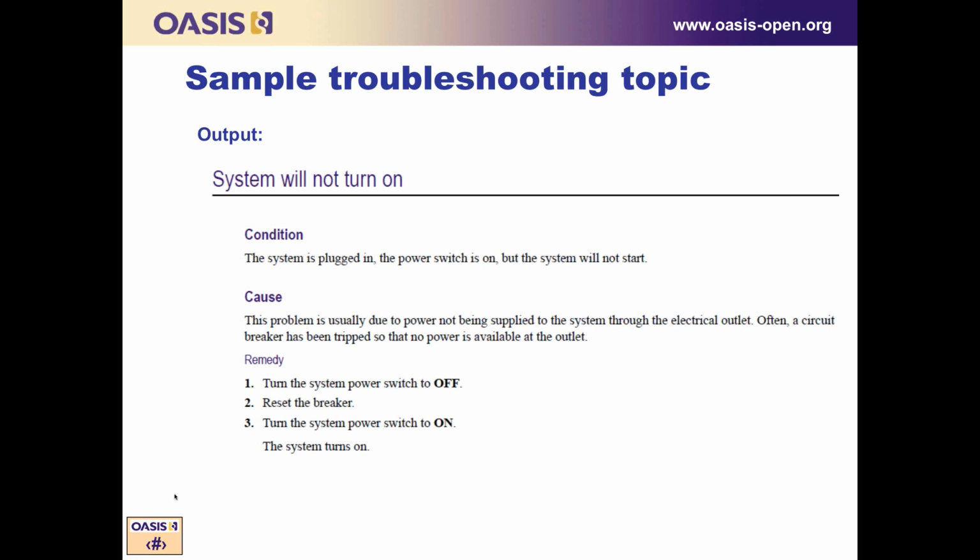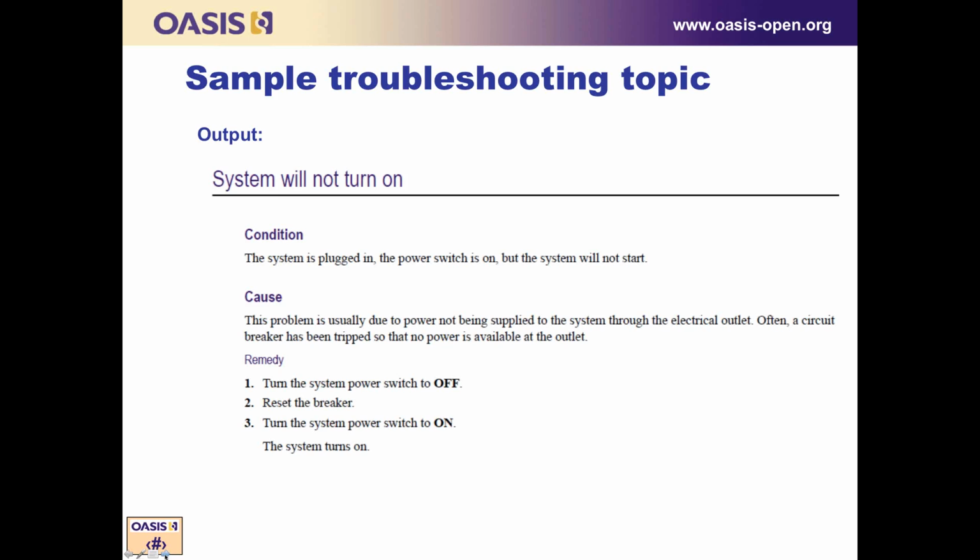This is pretty much typical for what you'd find in technical communications. Troubleshooting is something we identified as an information type we wanted to implement in 1.3. As you see here, the title for the topic generally describes what the symptom is. There's a condition that talks more about what that is, and then there's a cause followed by a remedy.